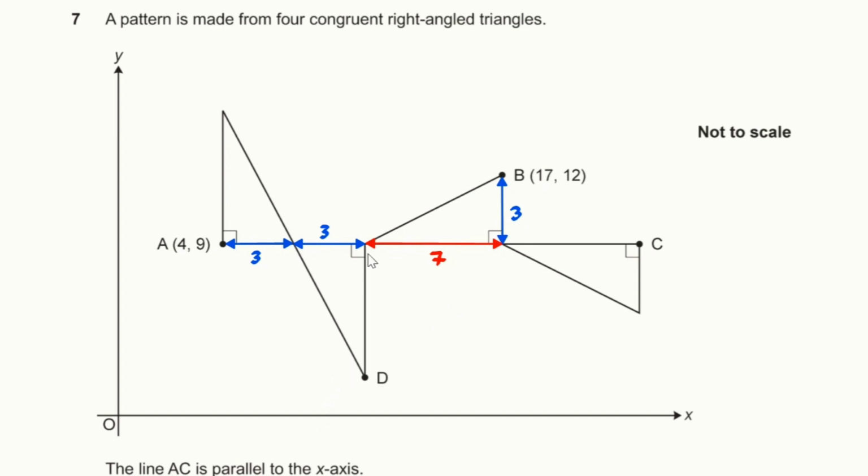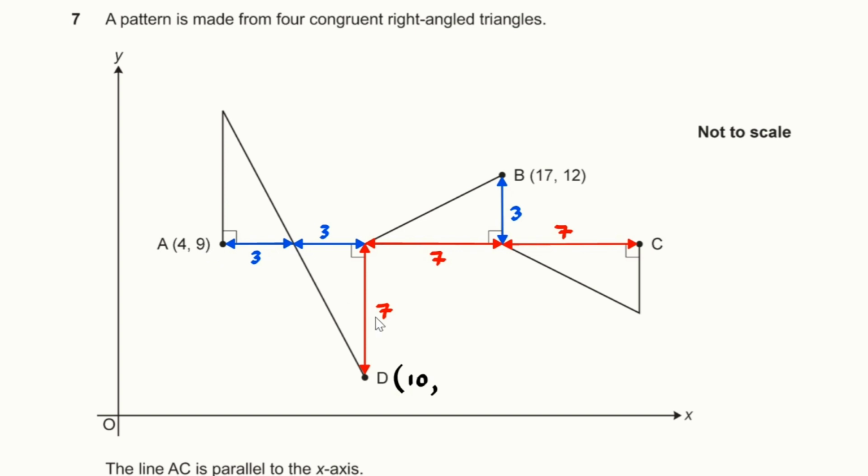So, from here to here is also 7, and here to here we also have 7. So to find out the coordinates of D, well, we've got 4 plus 3 plus 3, that's 10.